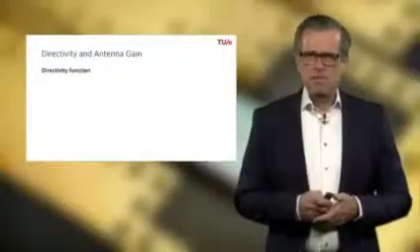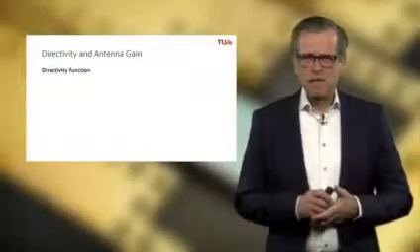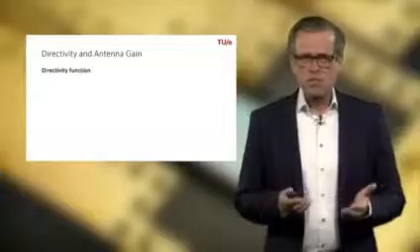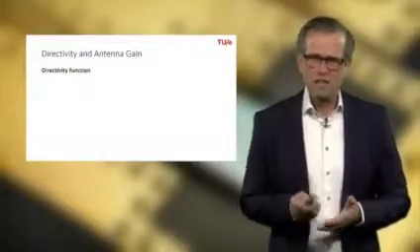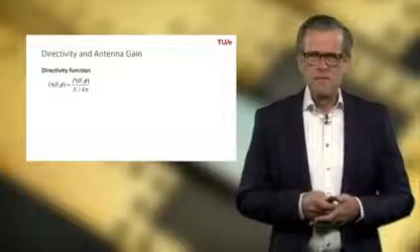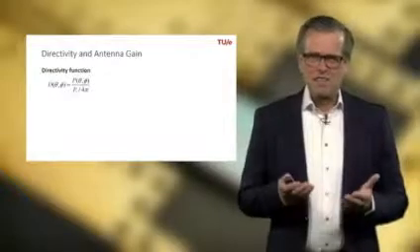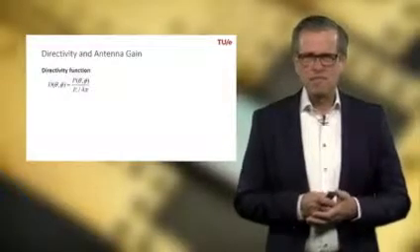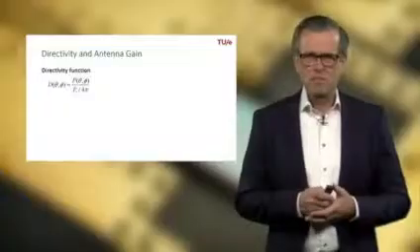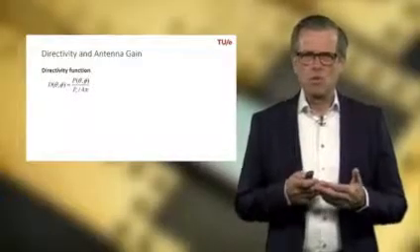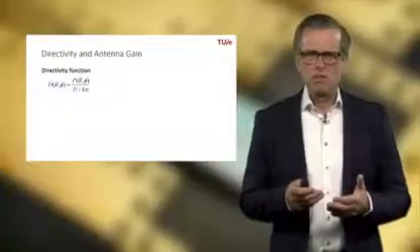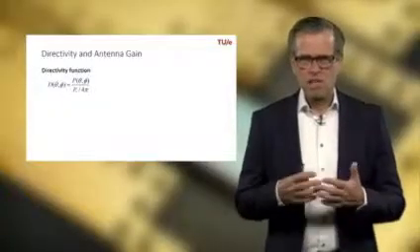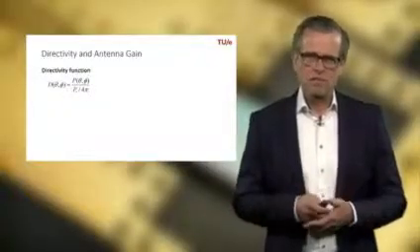Now, apart from the normalized radiation pattern, we have other parameters which are important, and the first one is the directivity function. And the directivity function is the power density from the antenna divided by the power density that you would have if you had an isotropic antenna. So an isotropic antenna radiates the same amount of energy in all directions.